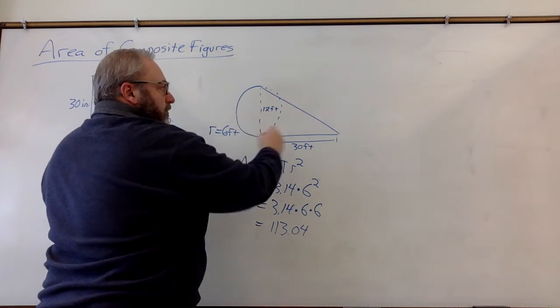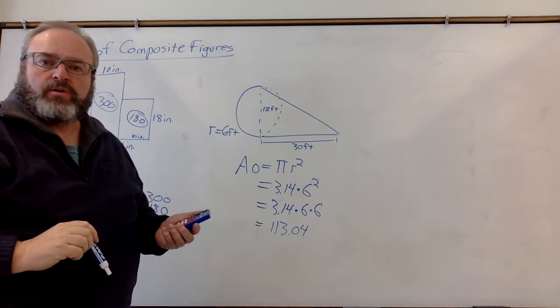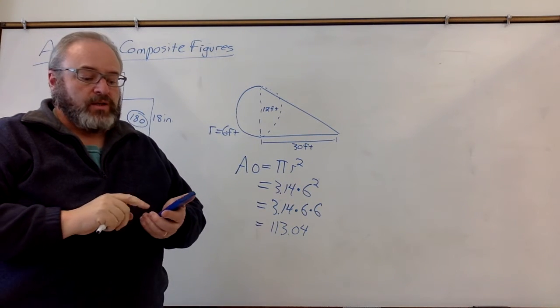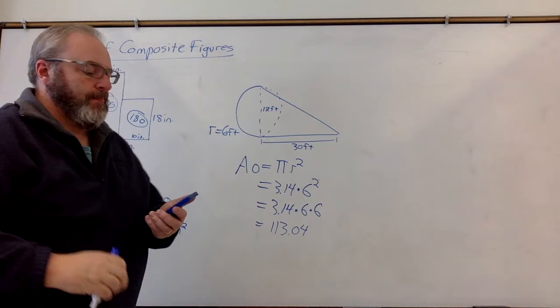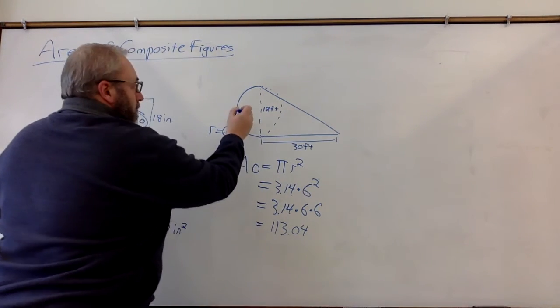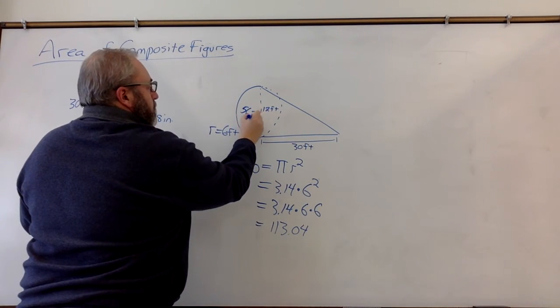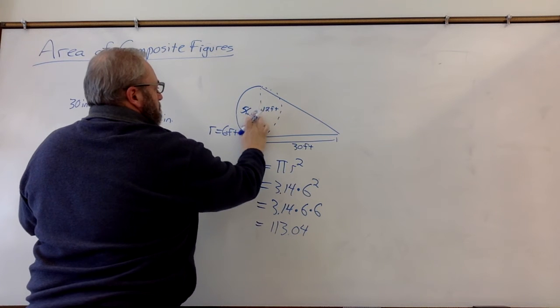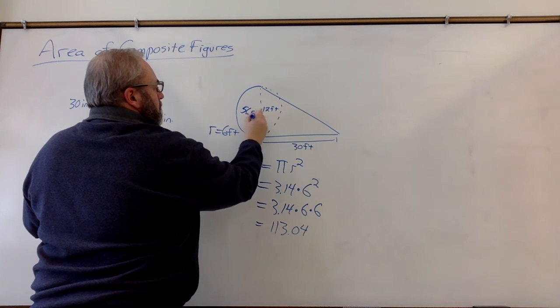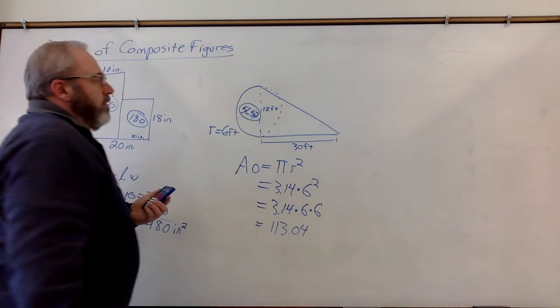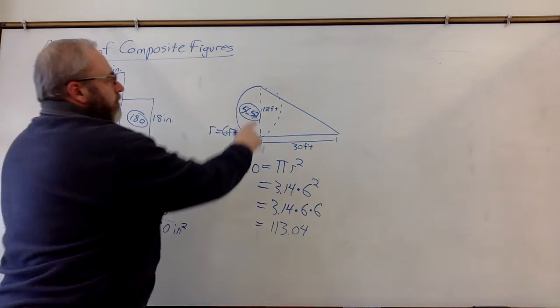Now that would be as if this was a full circle, but we only have half of it. So we're going to divide that by 2, and we get 56.52 square feet for that half circle.